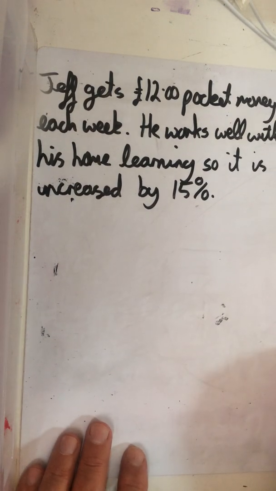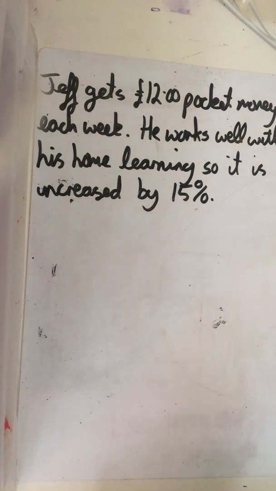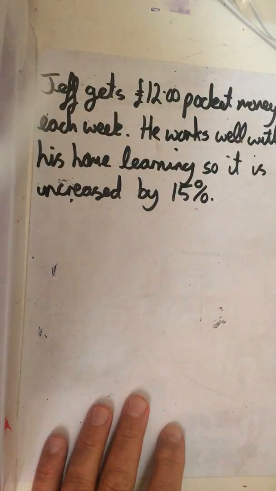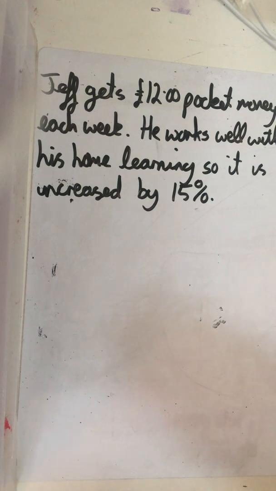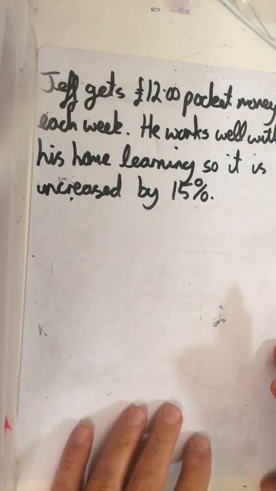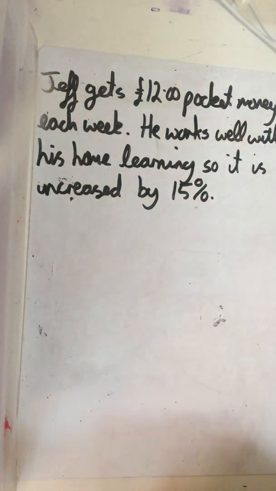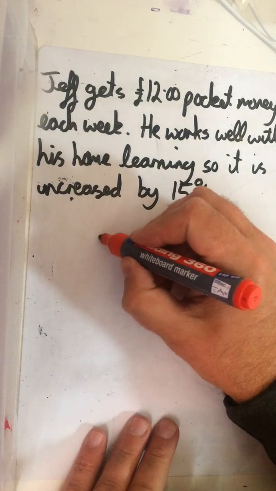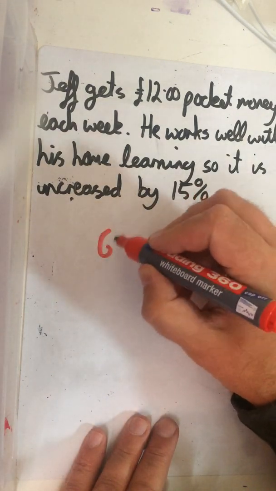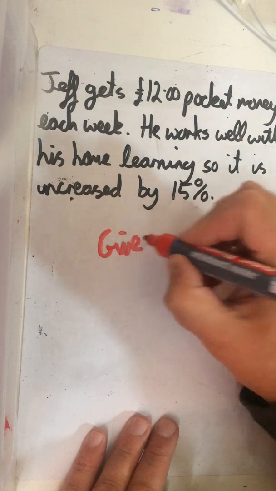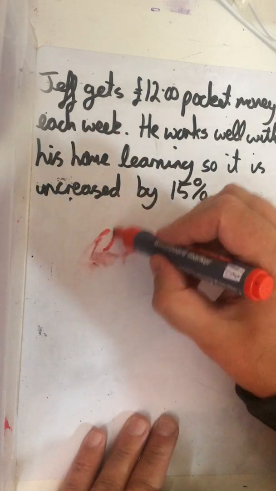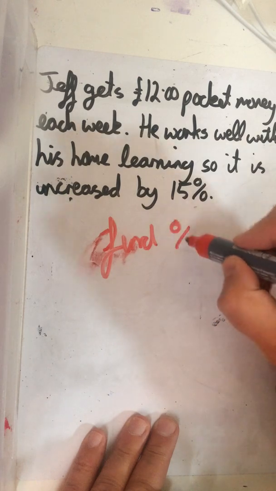Right, so the next step is we're going to be answering some word problems, okay? It could be a question something like this. This could be the first part of a question anyway. Jeff gets £12 pocket money each week. He works well with his home learning, so it's increased by 15%. When you get questions like this, usually you've got 3 choices. You usually have to find the percentage.